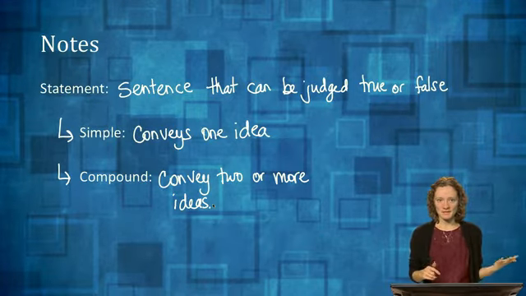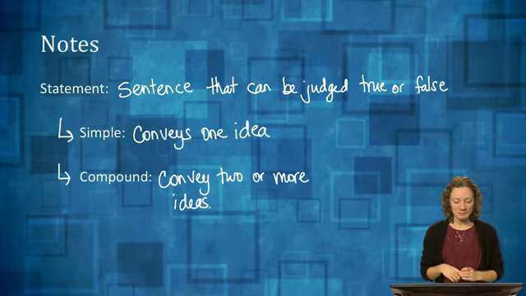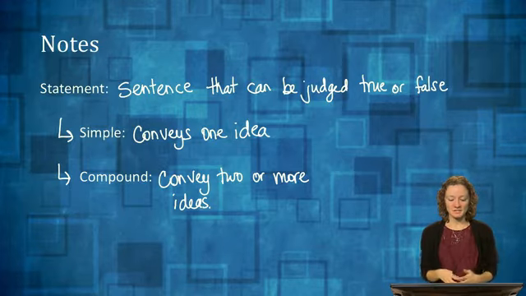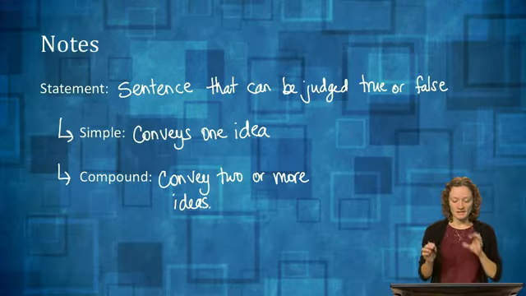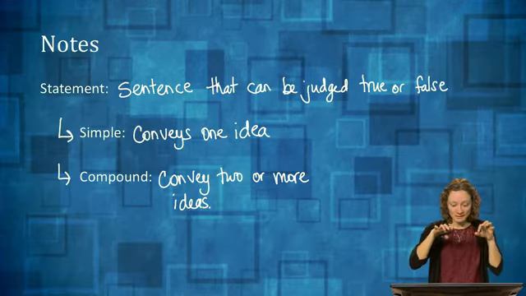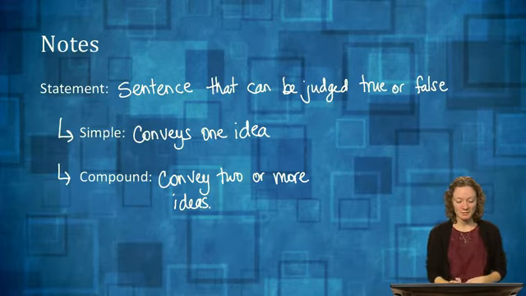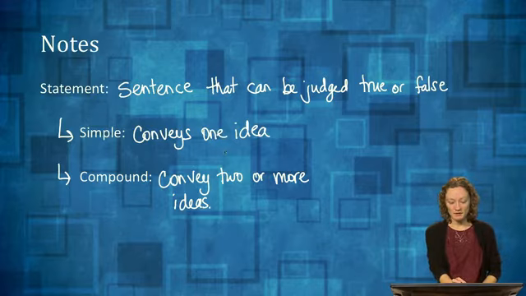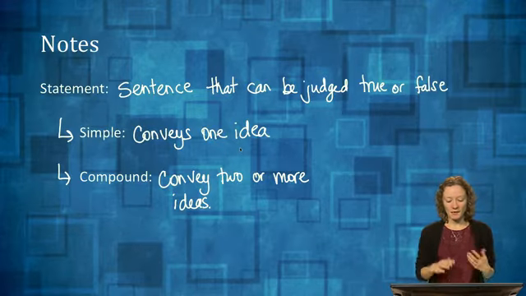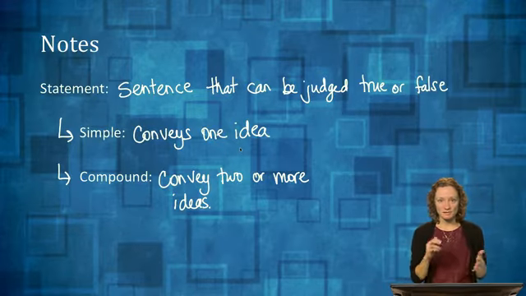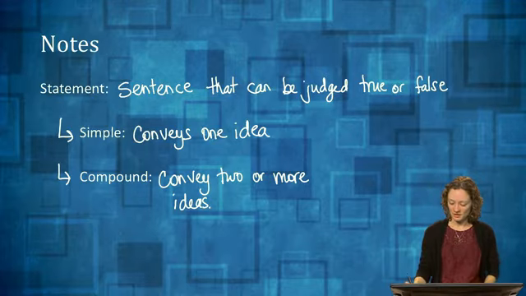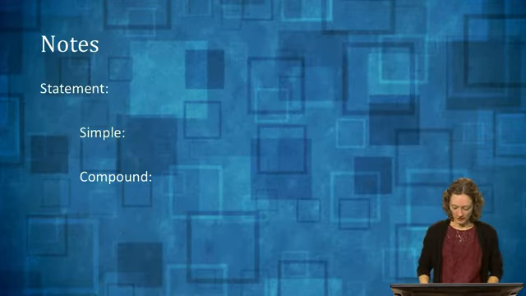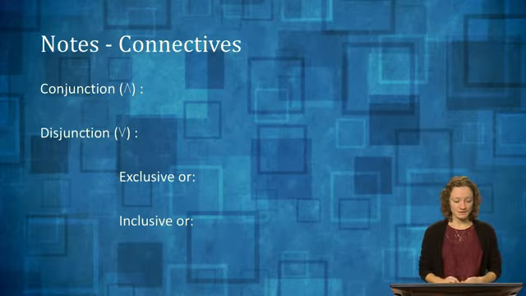For the most part, we'll be seeing compound statements. But again, the whole idea, any statement that we see is just a sentence that can be judged true or false. That sentence might have many different components that can be true or false. That's where the ideas come into play. If it's a simple statement, then only one idea will exist there. If it's compound, there'll be two or more that we can deem true or false, and then see what those implications are.